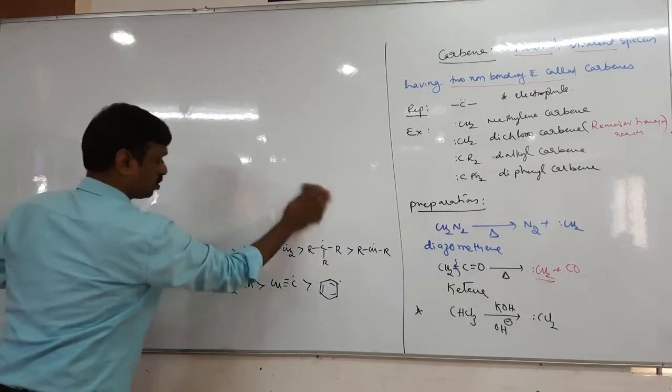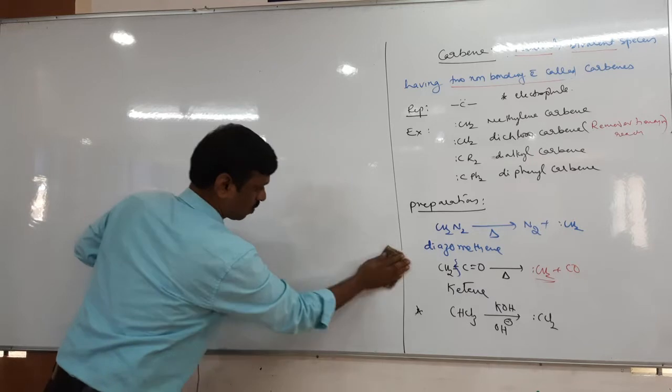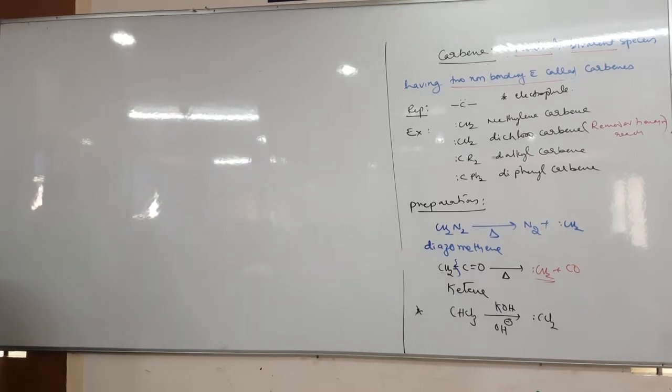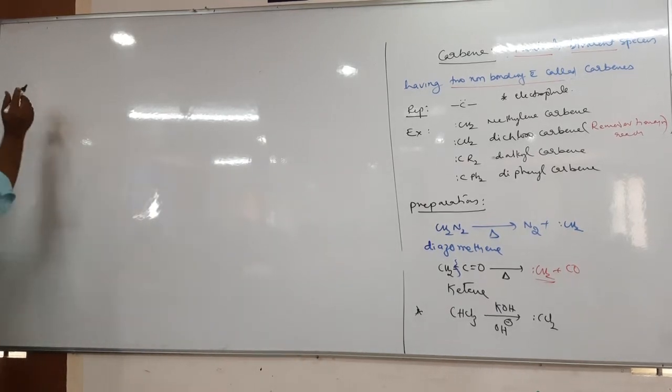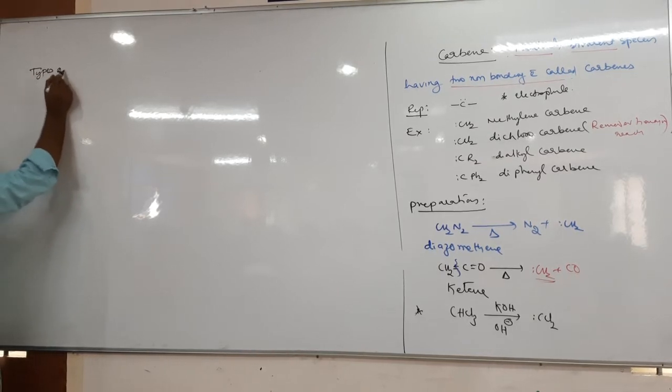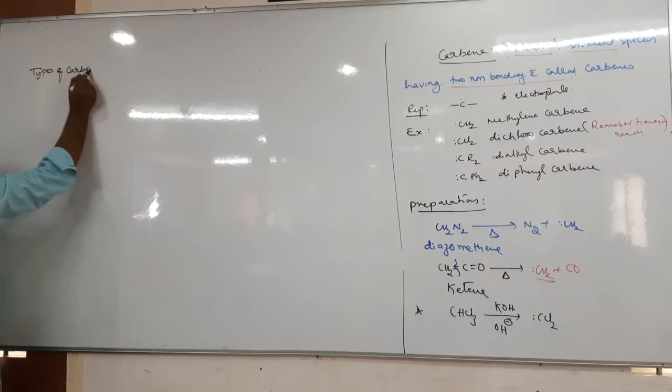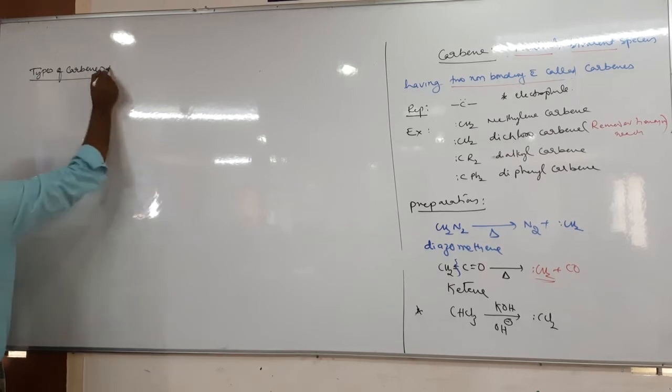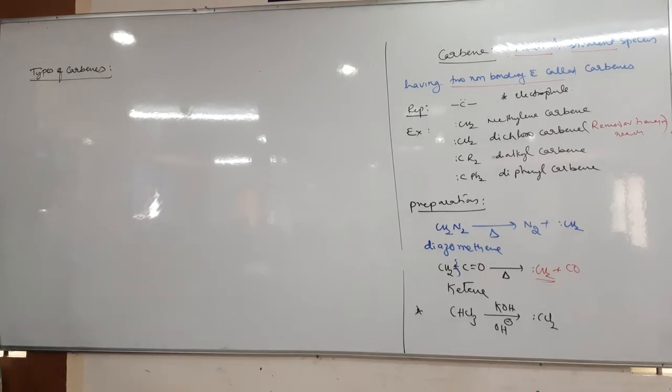Next is types of carbenes. What are the types of carbene? There are two types of carbene. One, singlet carbene.